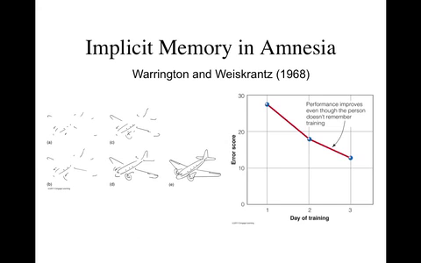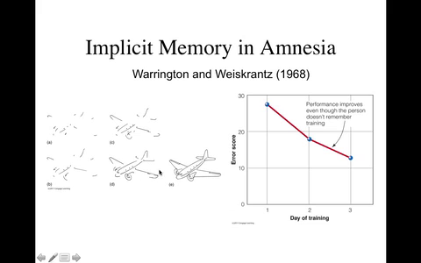Another example of this kind of implicit memory in amnesia patients is an object recognition task. So here, what's different about this task and the others, besides being a visual recognition task, is that Warrington and Weiskrantz showed that over days of training, these amnesia patients' abilities improved.